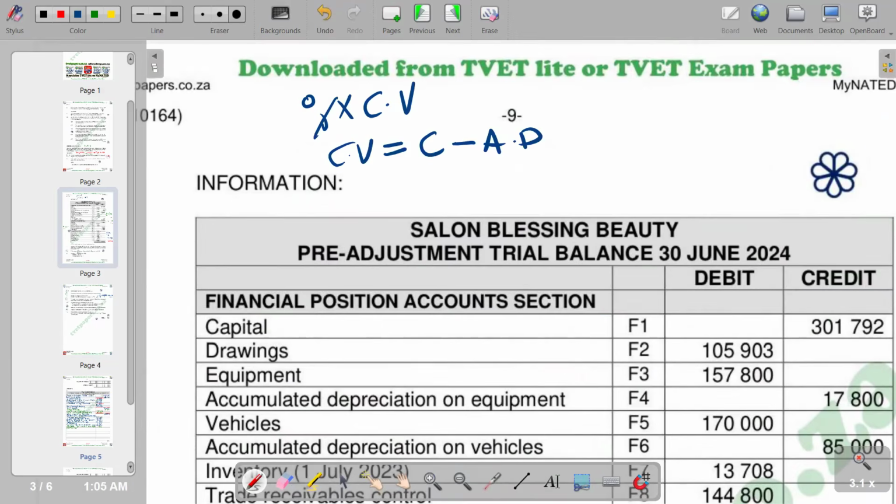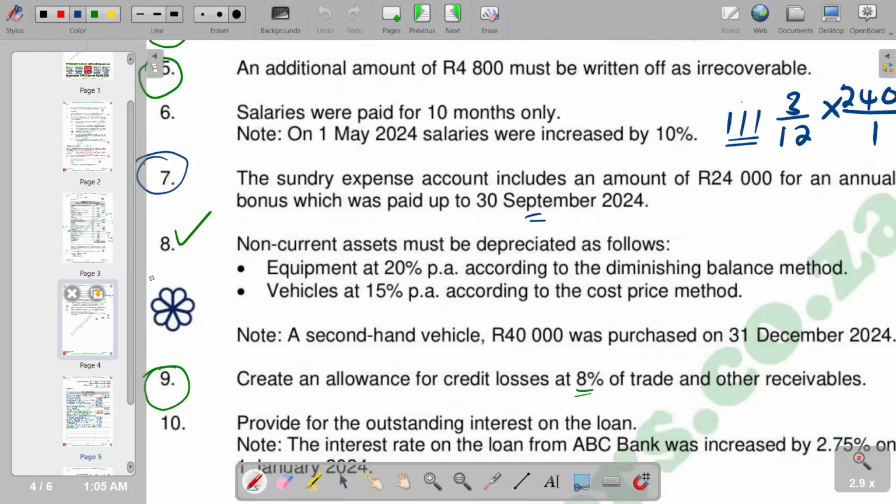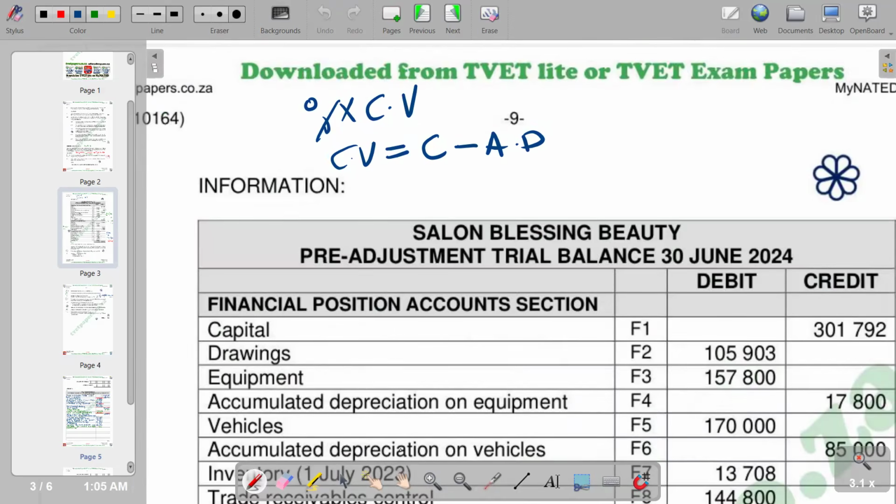So we check in terms of our equipment, what is the cost of the equipment? We are given it here, 157,800. We subtract accumulated depreciation for equipment, which we are given as 17,800.